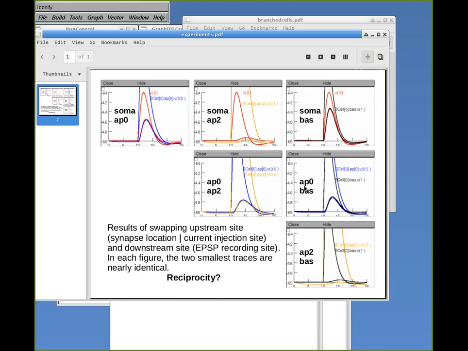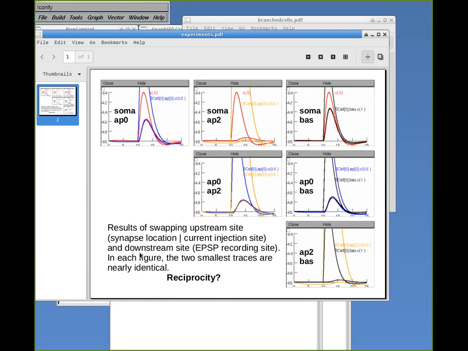Likewise, between apical 0 and basilar, these are the downstream responses. They're small in amplitude, but they're very similar in time course and amplitude, regardless of which of these is the upstream location. And again, between apical 2 and basilar, the downstream responses have very similar amplitudes. So we're looking at what looks like reciprocity.